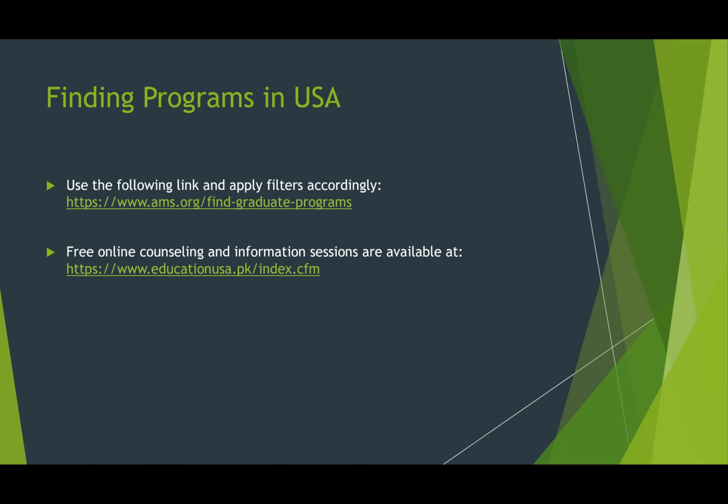I particularly like it because when you open the page, on the left side there's a panel where you can filter your search according to your research interest, whether you want to give the GRE or not, whether it's required or not, and whether you want financial assistance, and many other filters.